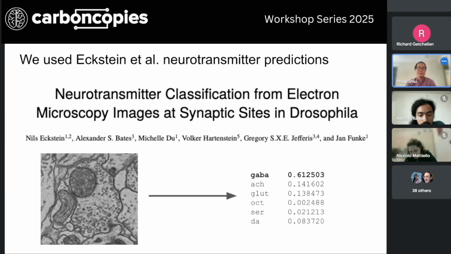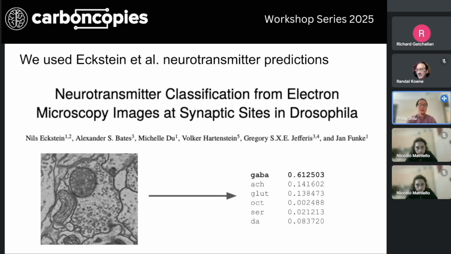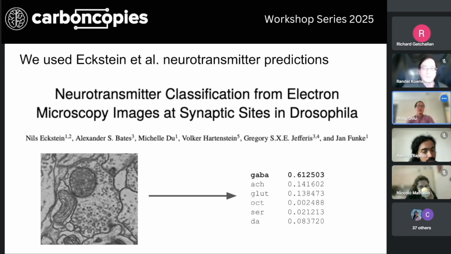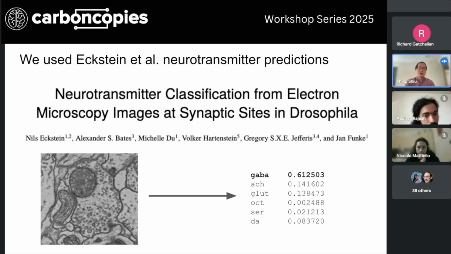And basically, they find that they can predict neurotransmitter identity of a given neuron at greater than 95% accuracy. And so we use these neurotransmitter predictions to predict whether or not a neuron is either excitatory or inhibitory. And from there, we can build this model.